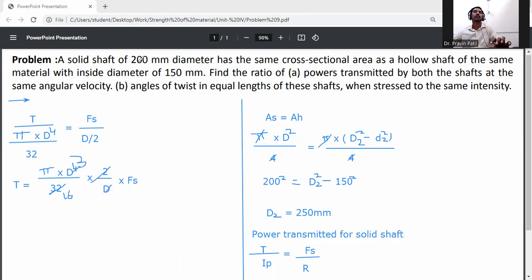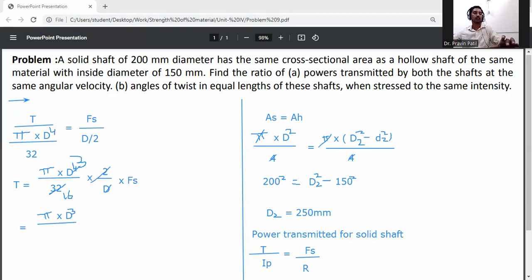Okay. So now we can write this equation: T is equal to pi into d cube divided by 16 into Fs.